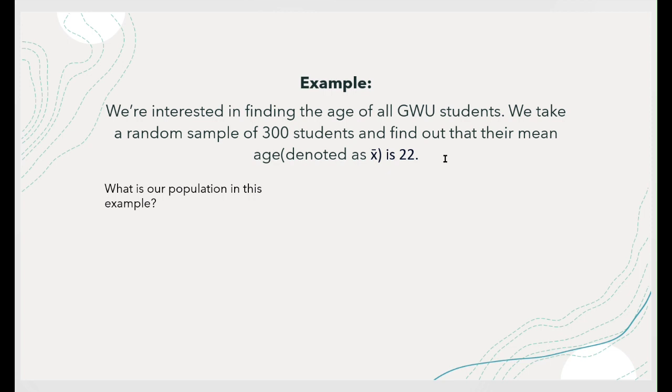I'd encourage you to think about this for a second. So our population would be all of our GW students. And what are we interested in finding? We're interested in finding the mean age of all of the GW students.